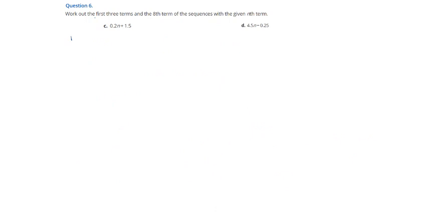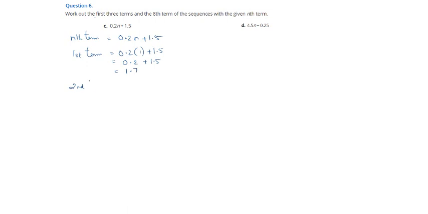The nth term is 0.2n plus 1.5. So the first term is 0.2 into 1 plus 1.5. This is equal to 0.2 plus 1.5, which is equal to 1.7.